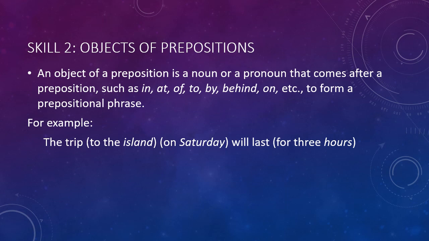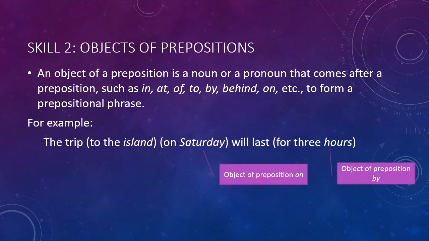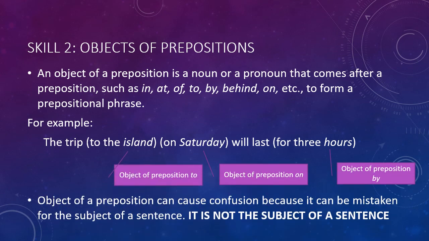How many prepositions do we have in this sentence? We have 3 prepositions: to, on, and for. And the objects of the prepositions are island, Saturday, and hours.